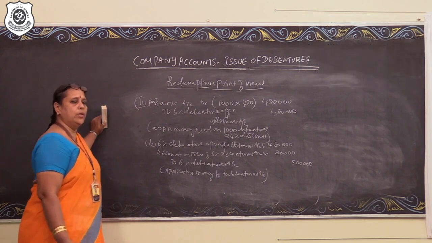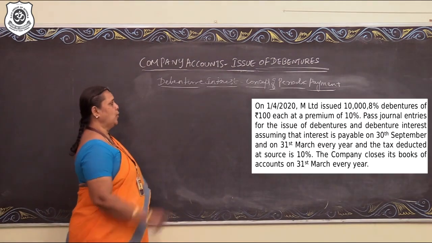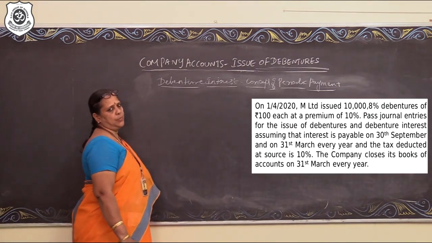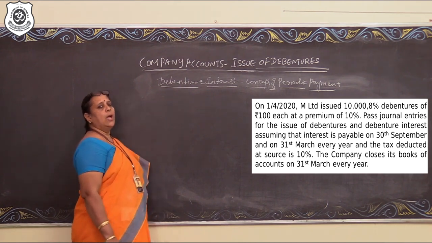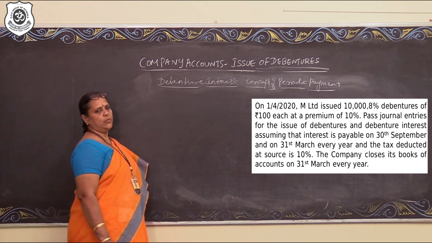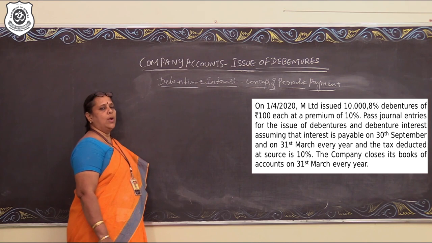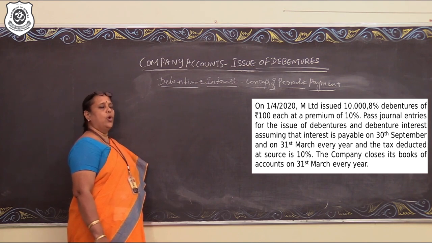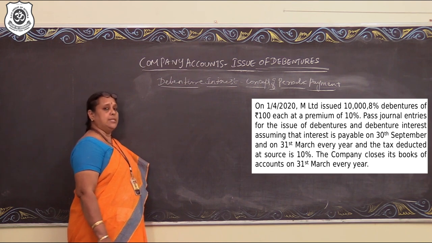Now we shall be going to the next problem. The next question we are going to discuss is debenture interest, the concept of periodic interest. I have given a question wherein the company issues 10,000 8% debentures of ₹100 each at a premium of 10%, and you are asked to pass journal entries for the issue of debentures and the payment of interest every 6 months.